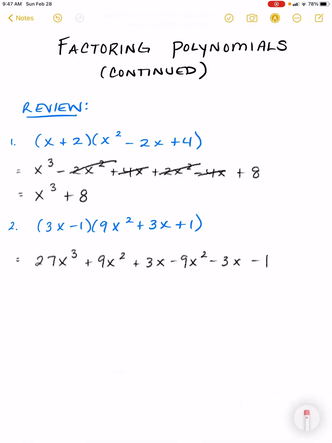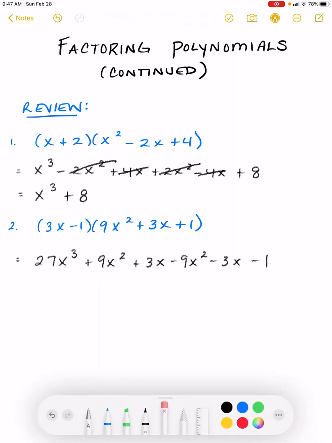We get 27x to the third power, and 9x squared and negative 9x squared equal 0, and 3x and negative 3x equal 0. The same thing happened again: we multiplied this out and ended up with a binomial where everything in the middle canceled out.